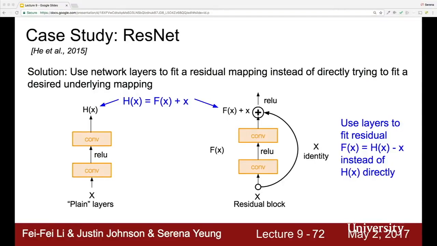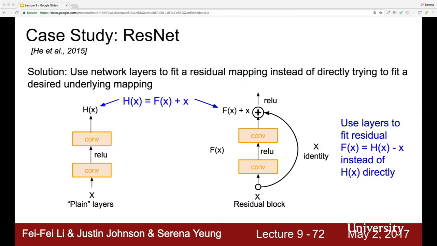The question is, what exactly do we mean by residual? The output of this transformation is a residual. So we can think of our output here as f of x plus x, where f of x is the output of our transformation, and x is our input just passed through by the identity. With a plain layer, what we're trying to do is learn something like h of x.